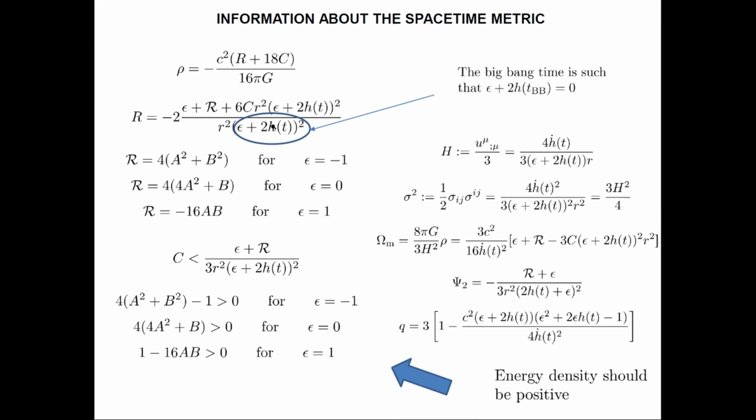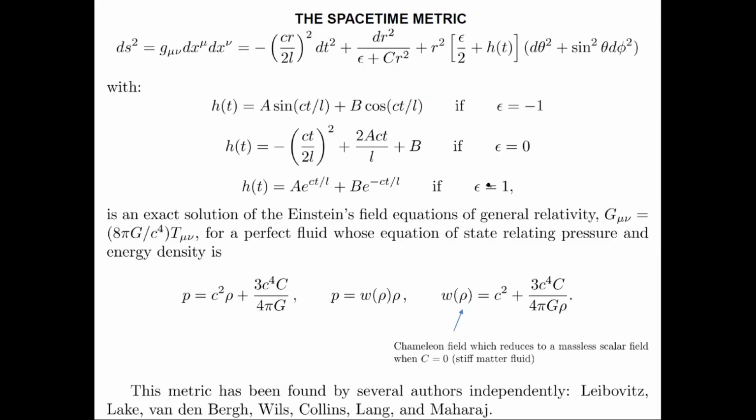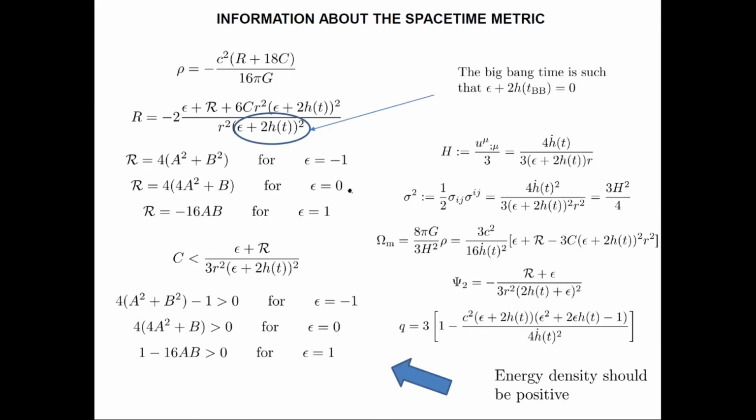So when this quantity will be 0, the energy density will diverge, and this will be the Big Bang time. Also, I would like to mention, as it will become handy later, that if we choose epsilon equal to 1 as a topology, and this scale factor with A and B positive, clearly this model will come without a Big Bang singularity.